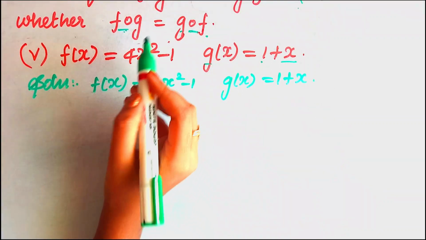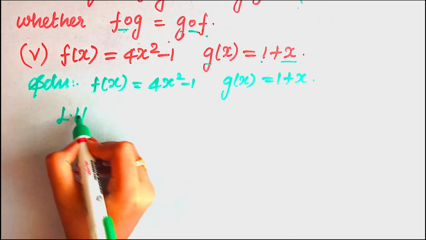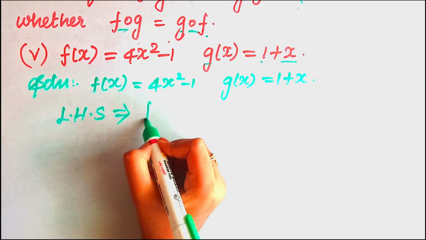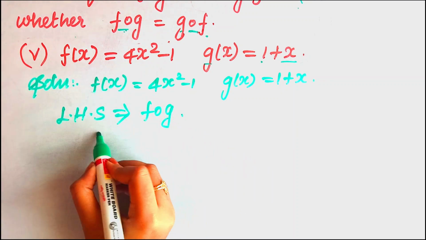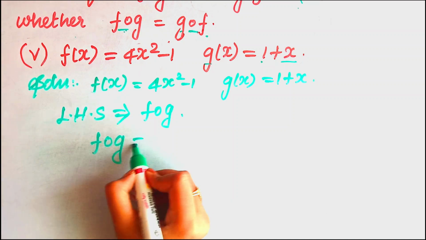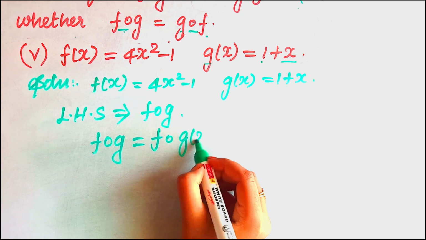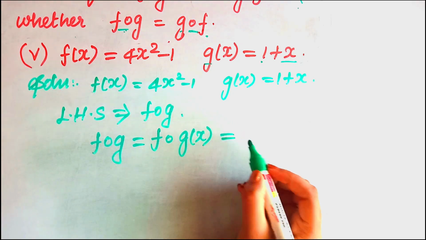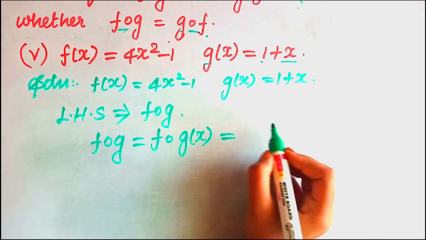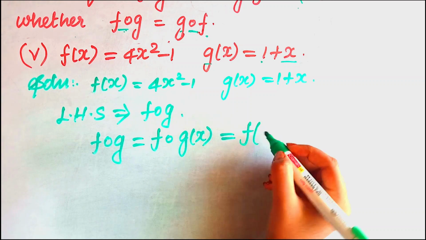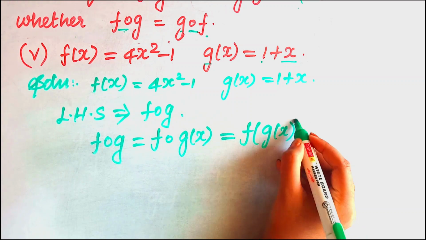Now we have to find the left hand side first. So left hand side is f dot g. For finding the value of f dot g, we know the definition: by definition we'll get f dot g of x, right? Then by the definition of composition, we have f of g of x.